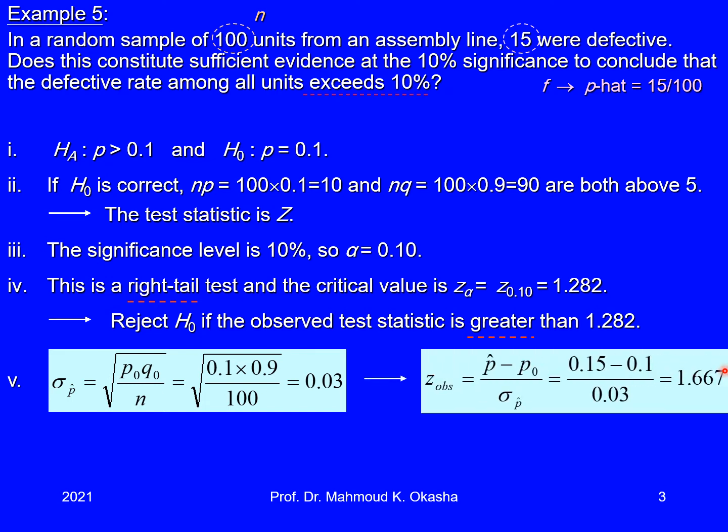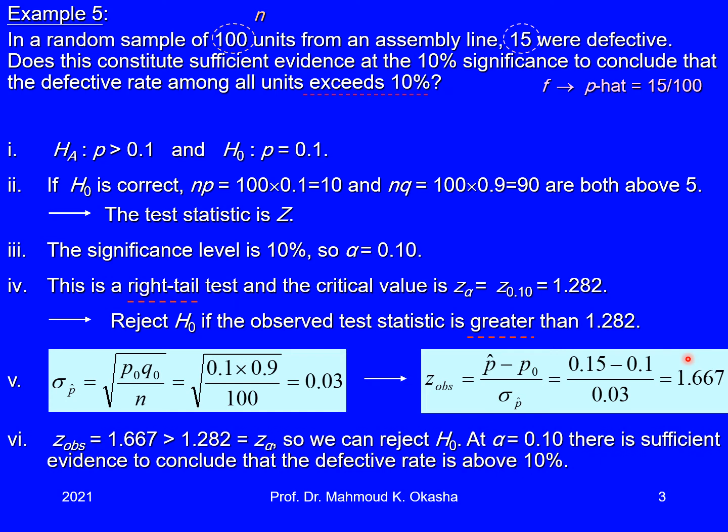Then we calculate observed Z by p hat minus p naught over sigma p hat, the standard error, which is 0.15 minus 0.1 over 0.03, which is 1.667. So this value is greater than the critical value, which was 1.282.